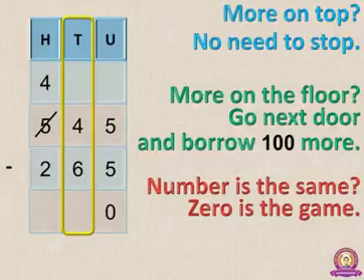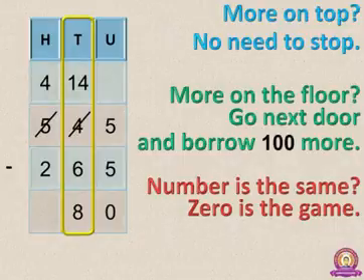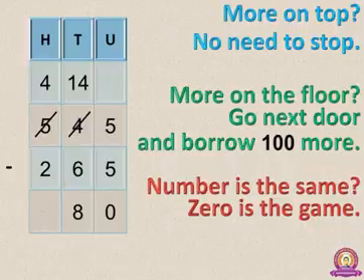Strike 4 and write 14. Now, do we have more on top? Yes. So, let's subtract. 14 minus 6 is equal to 8. We have found the answer for the numbers in the tens column as well.